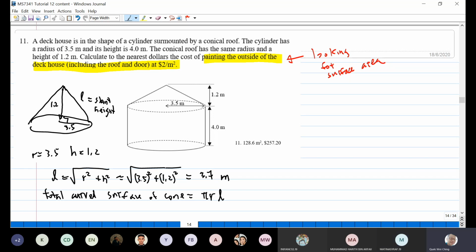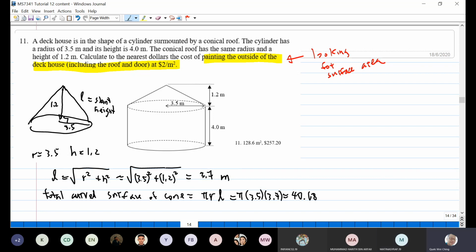So as pi r L, you get pi times r is 3.5, L is 3.7. So 3.7 times 3.5 times pi, this will give you 40.68 here. So this is the curved surface area of the cone, using the pi r L formula.